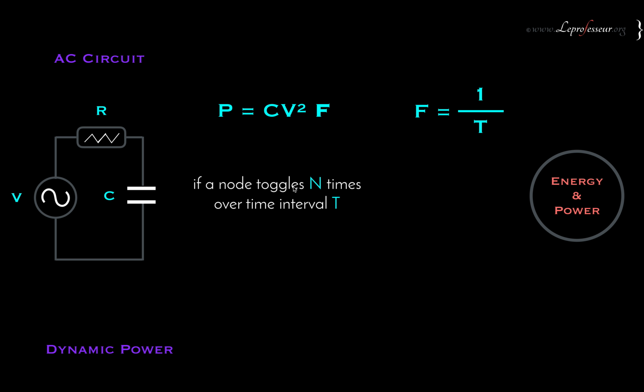So if a node toggles n times over a time interval t, we can think in terms of it toggling from 0 to 1 and 1 to 0. It's a simple data signal toggling n times over a time interval t. So this f variable would become n divided by 2 times 1 over t. Why are we taking half?